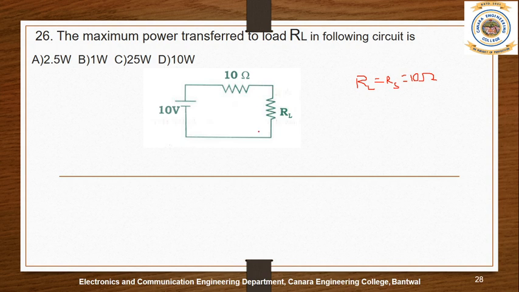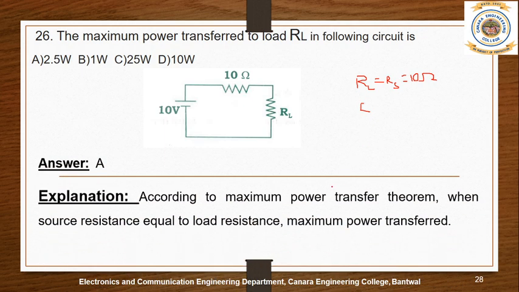So the power transferred to the load RL is equal to I square RL. What is I equal to? I is equal to V by RS plus RL, that is 20, so I is 1 by 2.